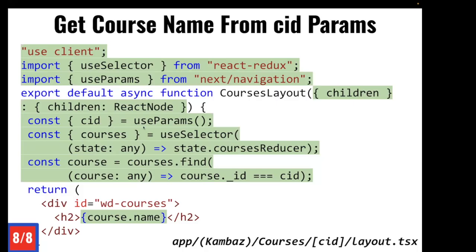We can parse that out using useParams, and then given the array of all the courses, we can look up that specific course matching the ID. Once we find it, we have the course, and then we can print out the name of the course.